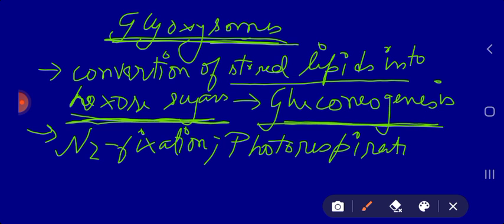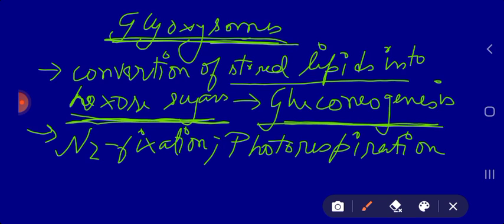I think you know about the photorespiration process, right? Photorespiration is a respiratory process in many higher plants by which they take up oxygen in the light and give out some carbon dioxide, contrary to the general pattern of photosynthesis.